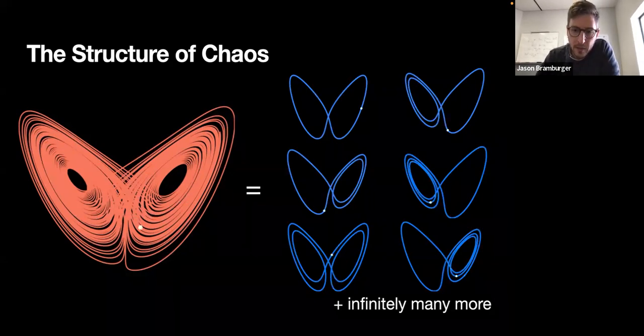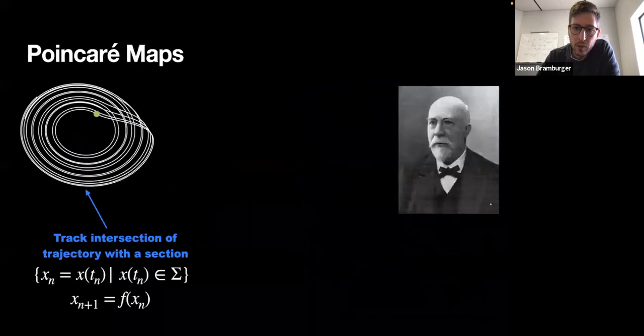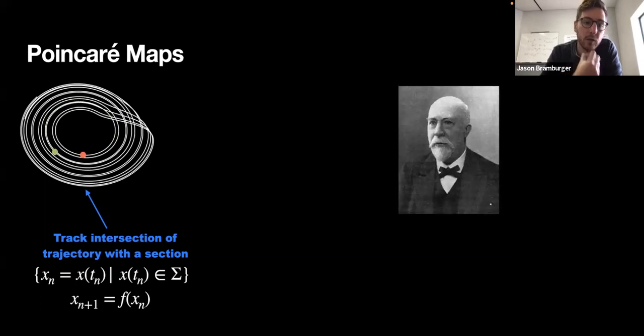If I would like to go forward here, I'm going to have to go backward. I'm going to have to go way back to the late 1800s, to the work of my favorite mathematician, Henri Poincaré. For a little bit of history, back in the 1890s or so, Henri Poincaré was working on a version of the three-body problem.